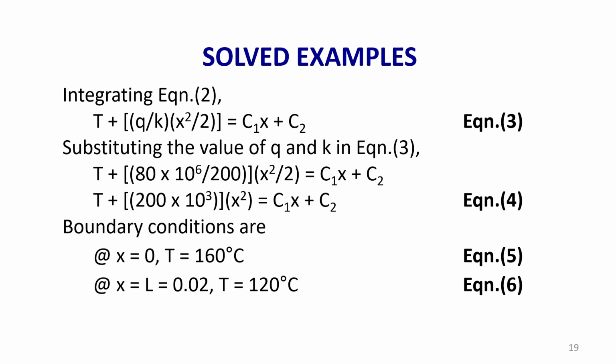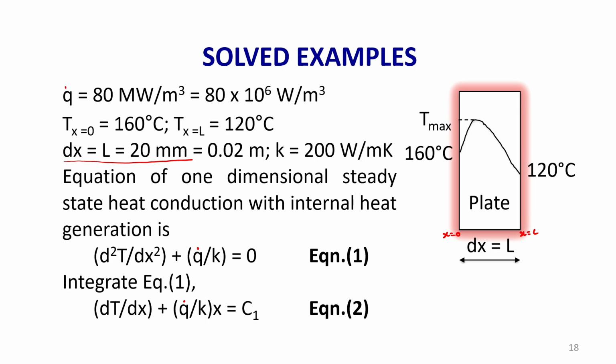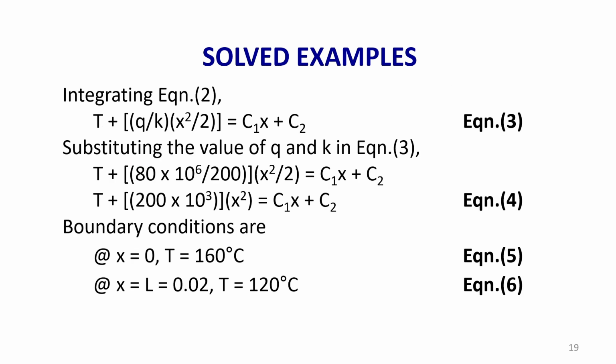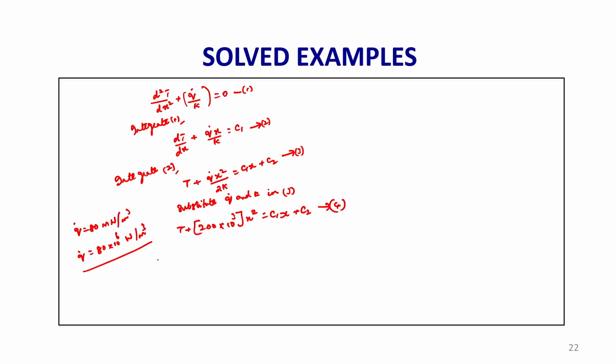Now, the boundary conditions are very clear. If you look at the diagram, at thickness equal to 0, the temperature is 160, and when x is equal to L, that is 20 mm, 0.02 meter, the temperature is 120. So, the boundary conditions are: at x equal to 0, temperature is equal to 160 degree centigrade.